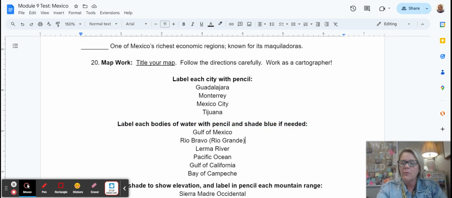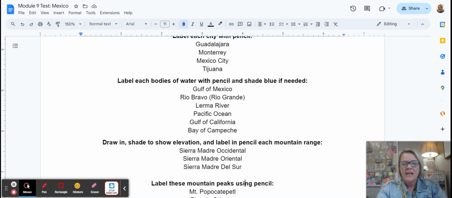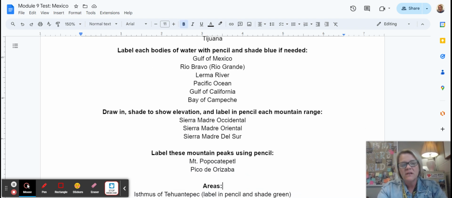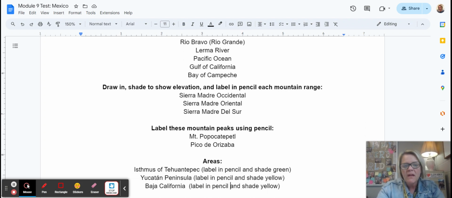Remember how we label, how we shade. Next, with the mountain ranges, you're going to draw in shade to show elevation. That should tell you what color to use. Then label each one of them in pencil. I have them written there for you. Then the mountain peaks. Mount Popocatépetl and Pico de Orizaba, you should label those neatly.